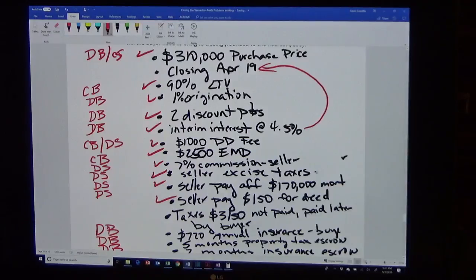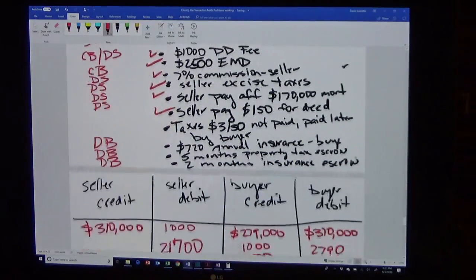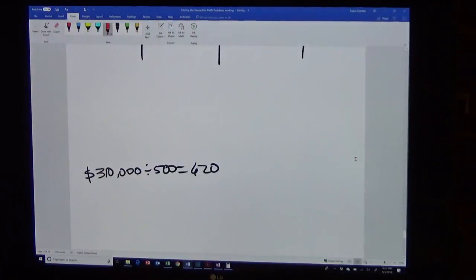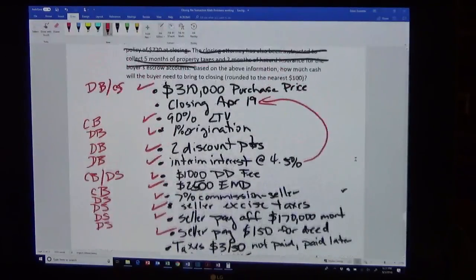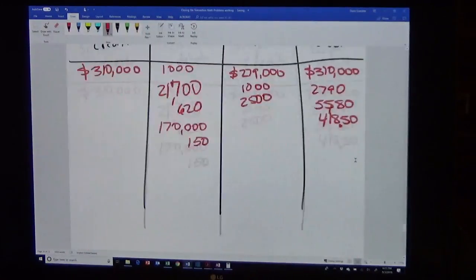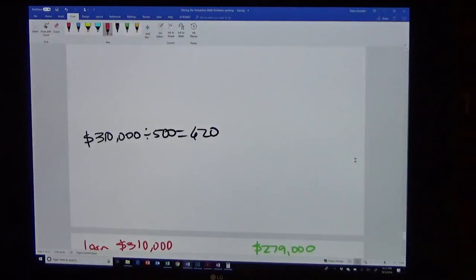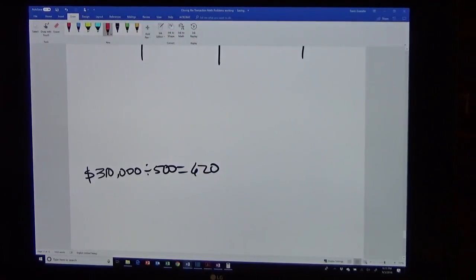We know the annual taxes are $31.50 and they're not paid, that's important. So let's write our two statements for the taxes.